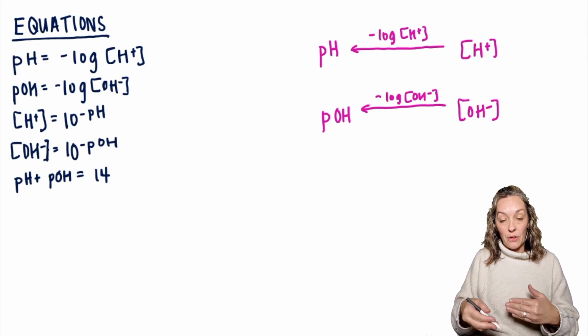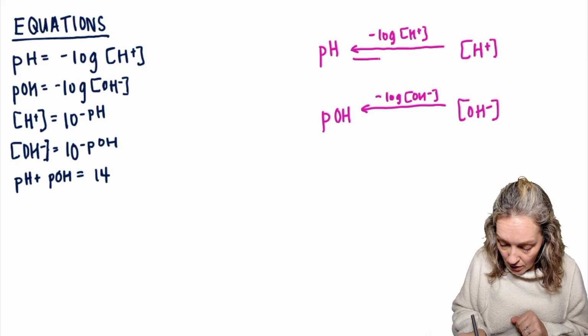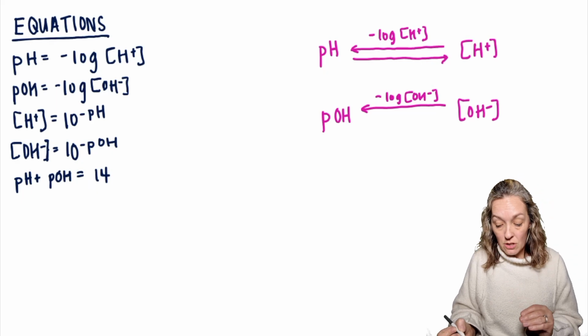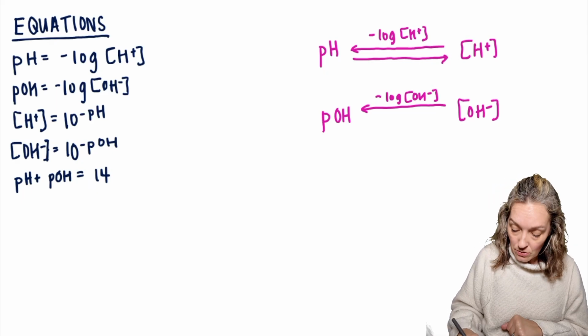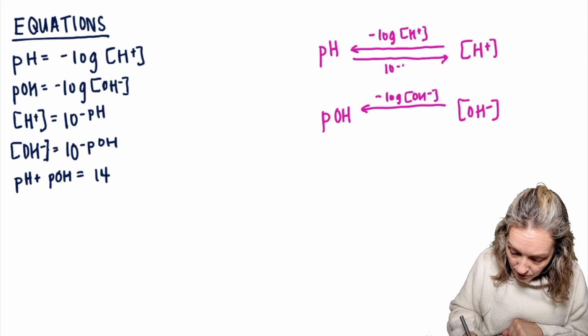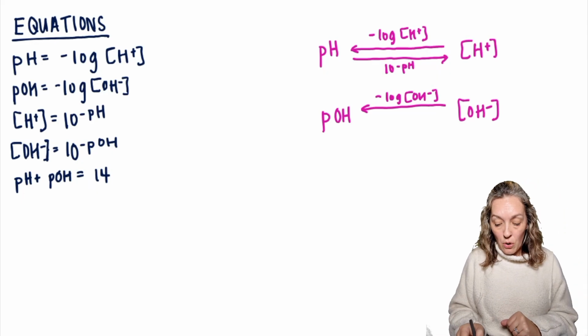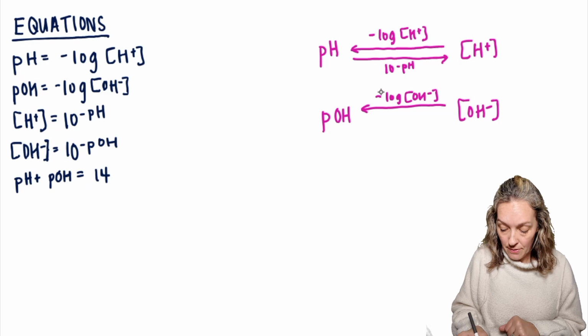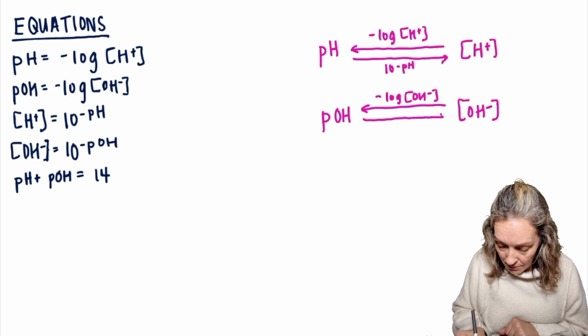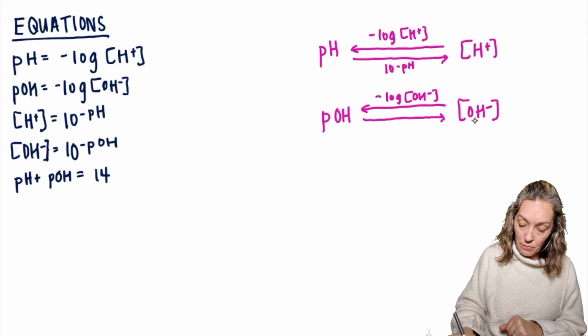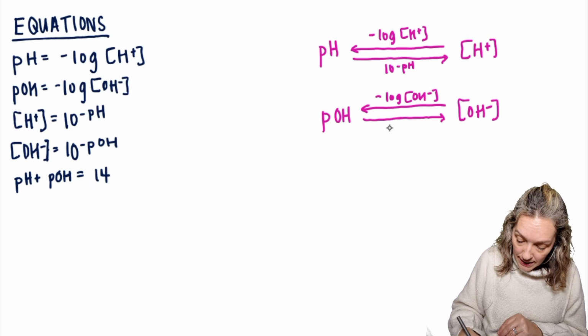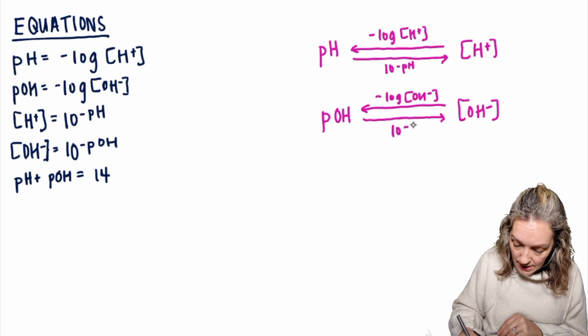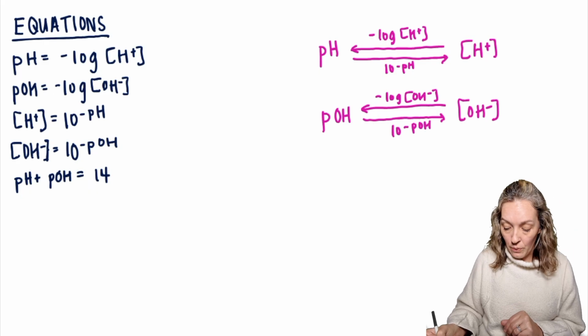I can find the pOH by taking the negative log of my OH minus concentration. Now, if I want to go the other direction, and I want to go from pH to H plus, I can do so by taking 10 to the negative pH. When I do that, it'll give me the concentration or molarity of H plus. In the same way, I can go from pOH to OH minus by taking 10 raised to the negative pOH.